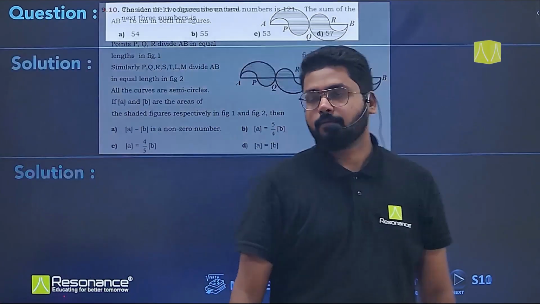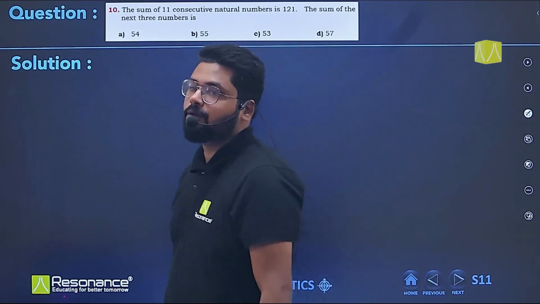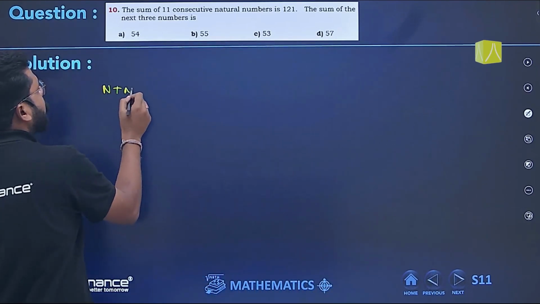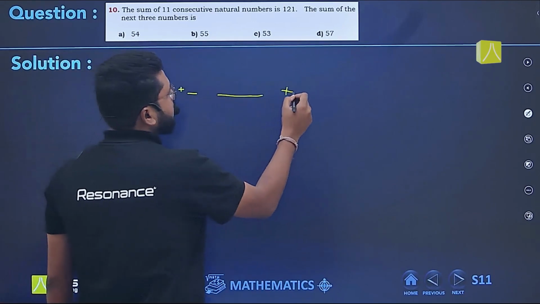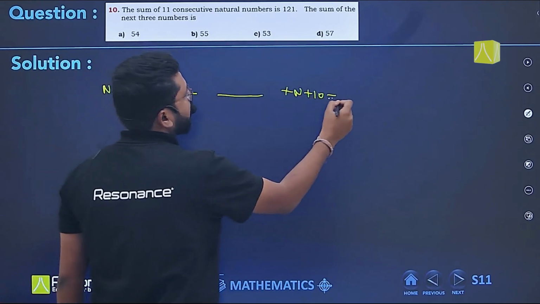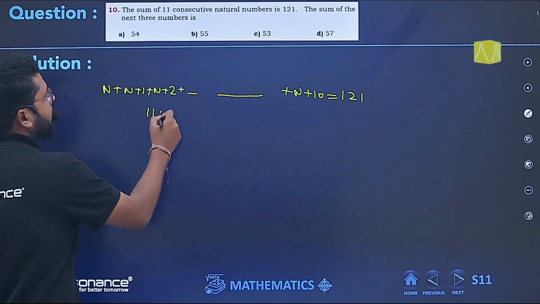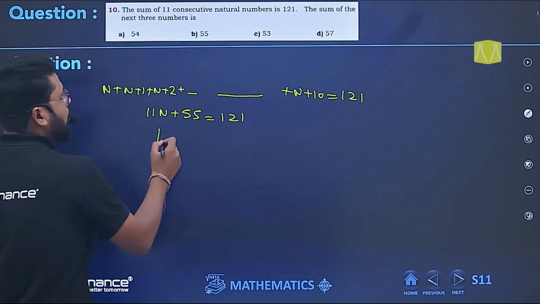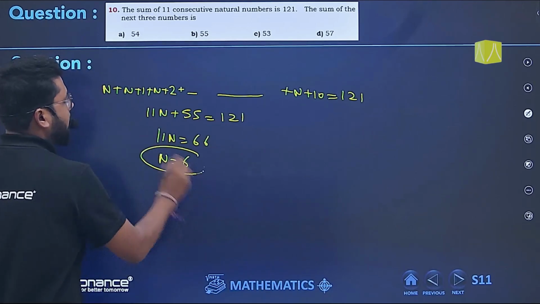Now next, the sum of 11 consecutive natural numbers is 121. Let the first number be n, then the second will be n plus 1, then n plus 2, and it goes up to n plus 10, because this will be the 11th number, and their sum is 121. If we add all of them, it will be 11n plus 55 equals 121, or 11n equals 66, so n is 6.